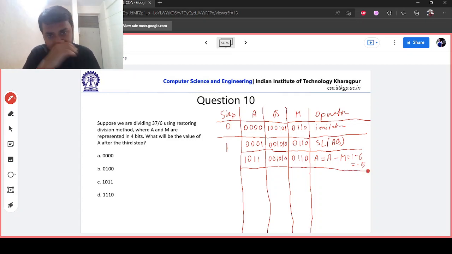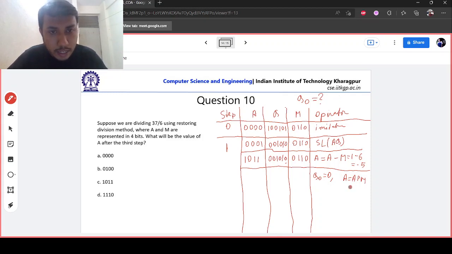Now if you check, the main part of the algorithm comes. At each step it checks what is there in the Q0 bit. So what is there in the Q0 bit? 0. So if Q0 is 0, what does it do? It does A equals A plus M, that is, it restores the value of A to what it was previously. So in this case, what is A?